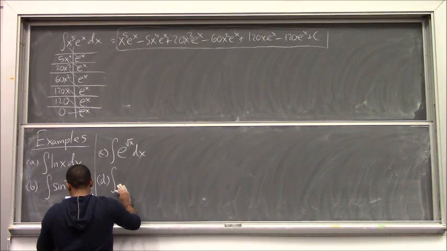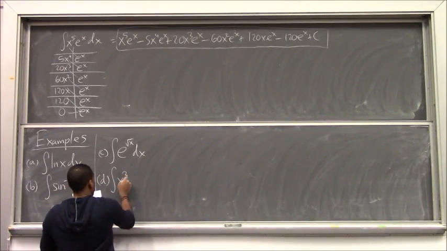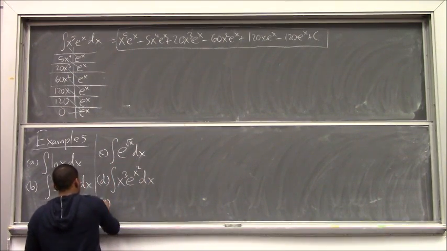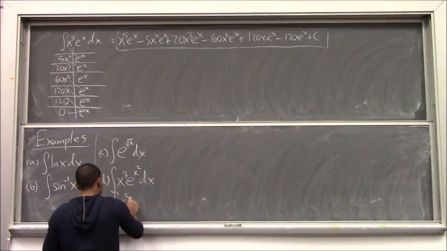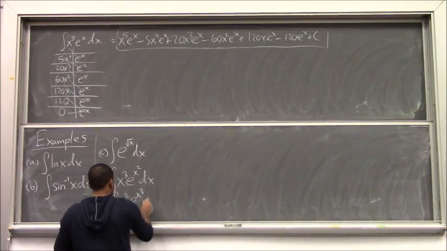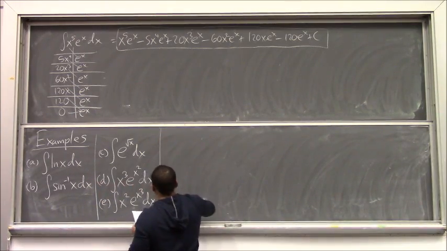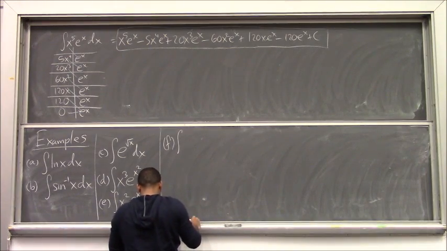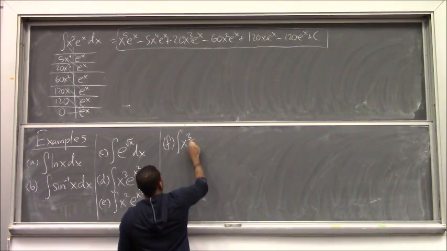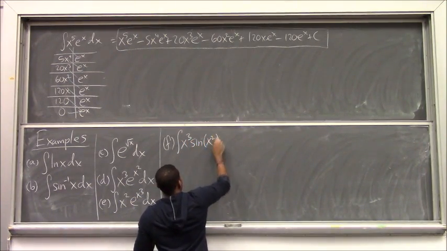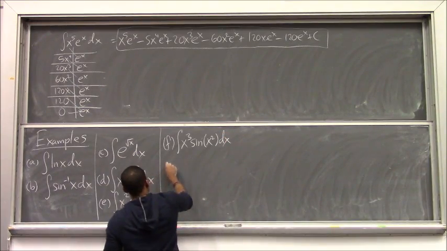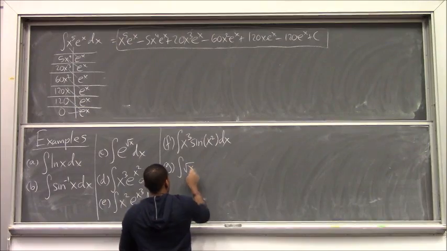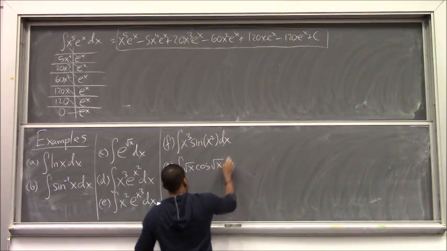I'll probably put that later in the list. Let's do x cubed e to the x squared. Let's do x squared e to the x cubed. Do x cubed sine of x squared. Square root of x times cosine of square root of x.